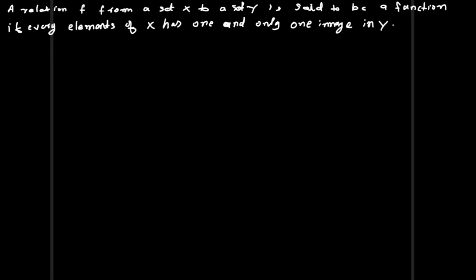A relation f from a set x to a set y is said to be a function if every element of x has, this is very important, one and only one image in y. So we can consider these two sets like this. Suppose you draw an arrow diagram.